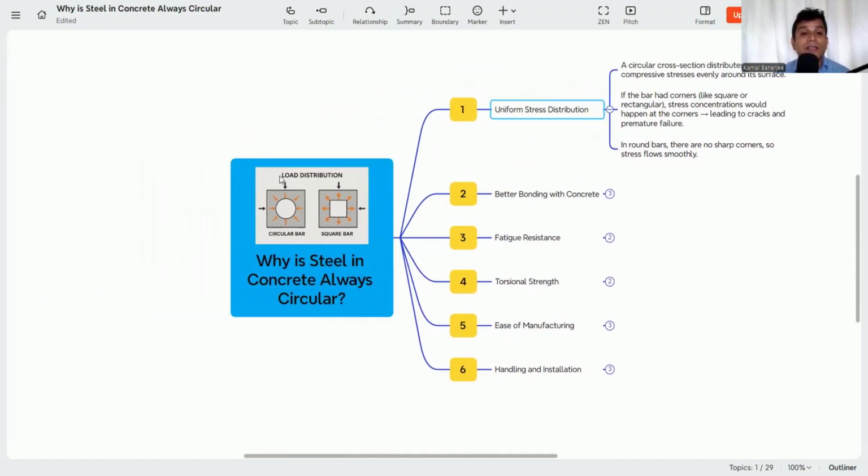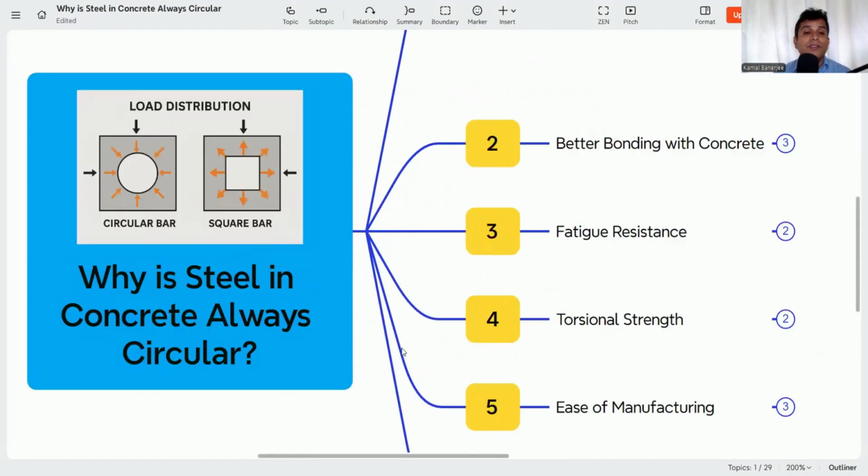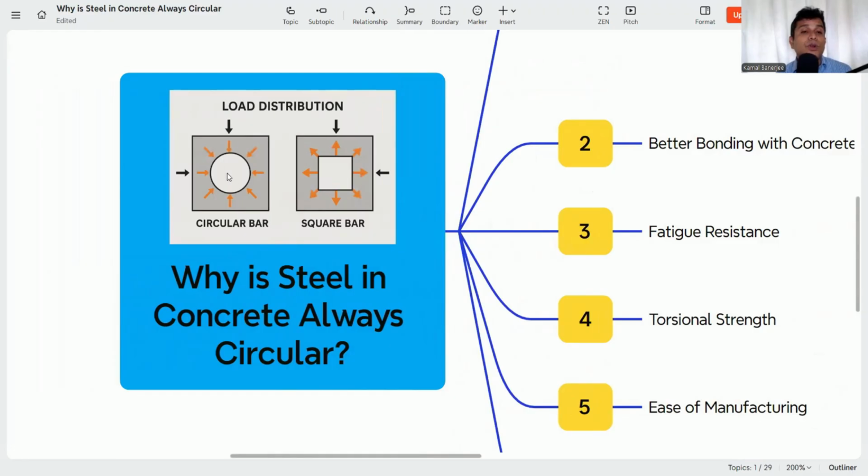See here, you can see the picture. In this picture you can see the circular bar. Whenever load is coming, let me zoom it. See, in this picture, you can see that whenever load is coming, the load is evenly distributed throughout the surface. Now, here also load is distributed, but from the center point, what is the center point of this rectangle here? From this point to this point and this point to this point, the length is different.